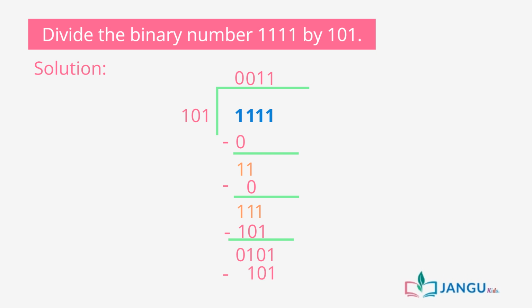Subtracting 101 from 101, we have 1 minus 1 is 0, 0 minus 0 is 0, 1 minus 1 is 0. Having a remainder of 0, 0, 0 marks the end of the division. Therefore, 1111 base 2 divided by 101 base 2 is equal to 11 base 2.